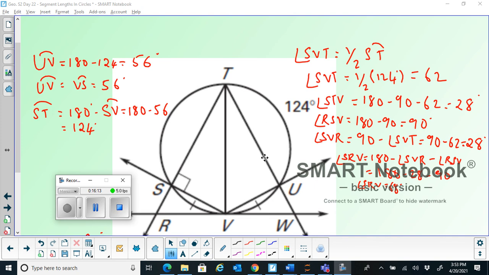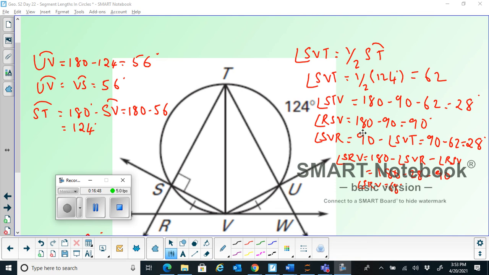Angle SVT corresponds to arc ST, and from the theorem we have angle SVT equals half of arc ST. Arc ST was 124, 124 by 2 will give us 62 degrees. Then to get STV, STV equals 180 minus 90 minus angle SVT, which is 62. 180 minus 90 minus 62 will give us 28 degrees.